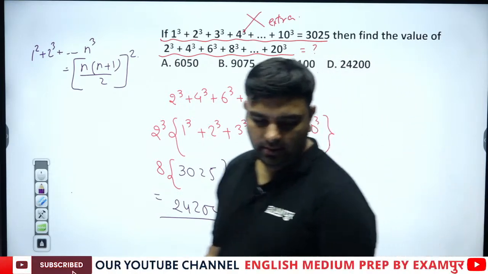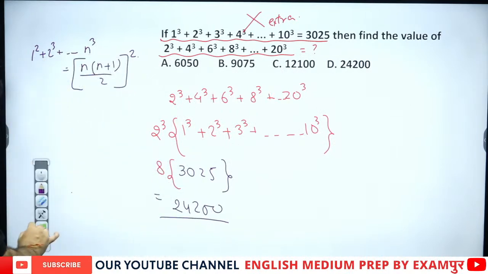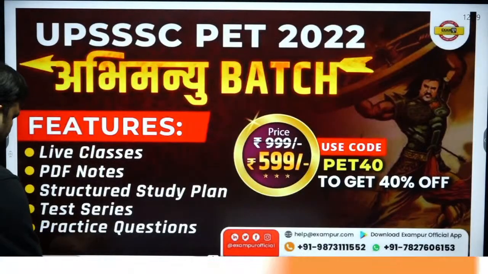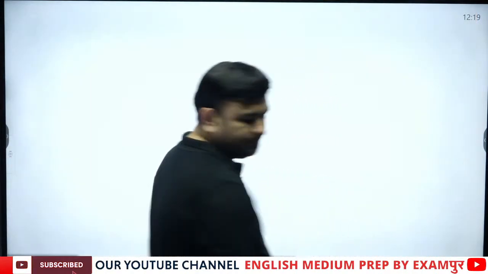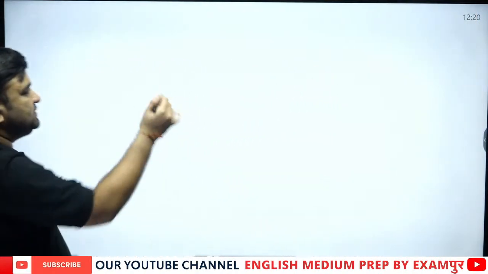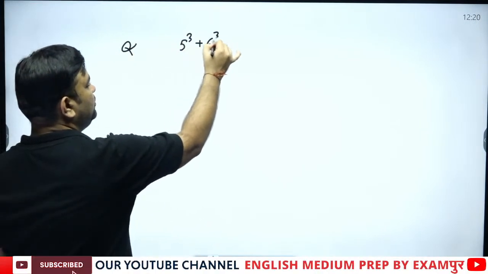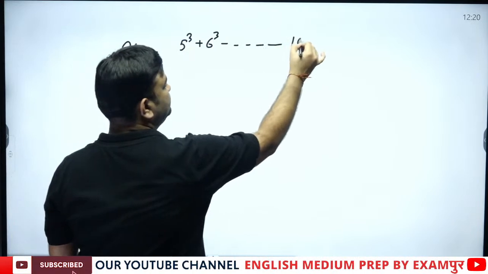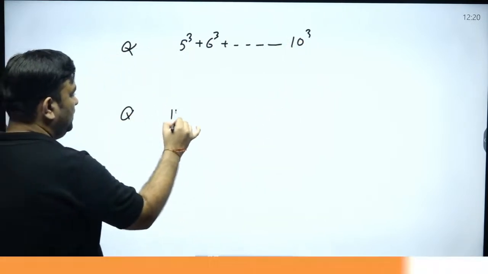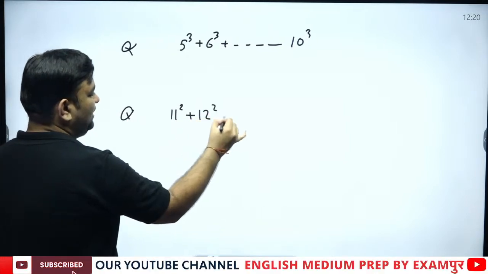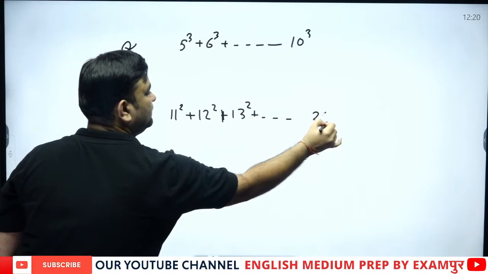Okay, do some questions for me. Quickly, 5 questions for me: 5 cube plus 6 cube up to 10 cube, and 11 square plus 12 square plus 13 square up to 20 square.